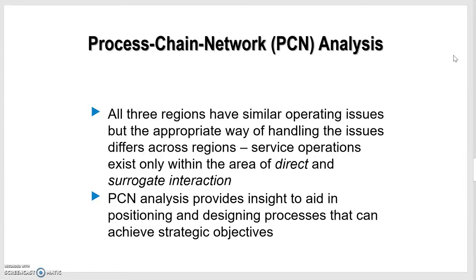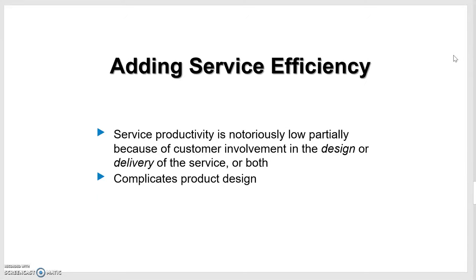All three regions have similar operating issues, but the appropriate way of handling the issues differs across the regions. Service operations exist only within the area of direct and surrogate interaction. PCN analysis provides insight to aid in the positioning and designing processes that can achieve strategic objectives.